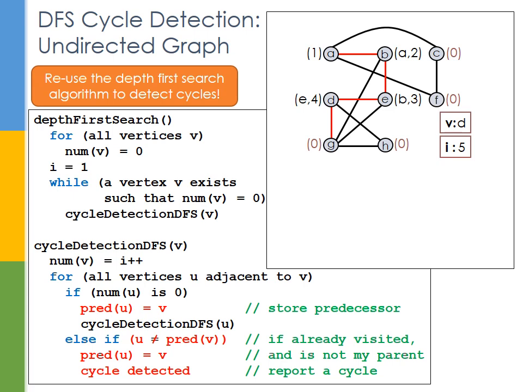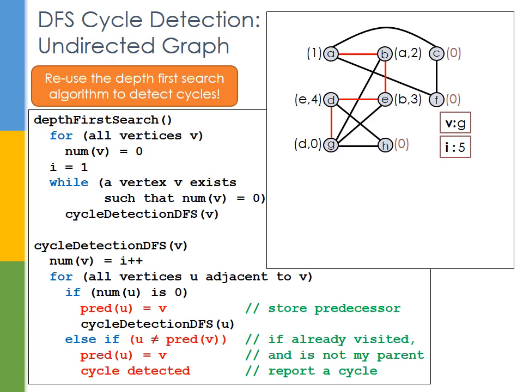We look at vertex G's number, which is 0 once again, so we have to set its predecessor to the current vertex, which is D, and then we move on to the next execution of the cycle detection DFS function, so the current vertex that we now consider is vertex G. So now, again, we need to update vertex G's number.